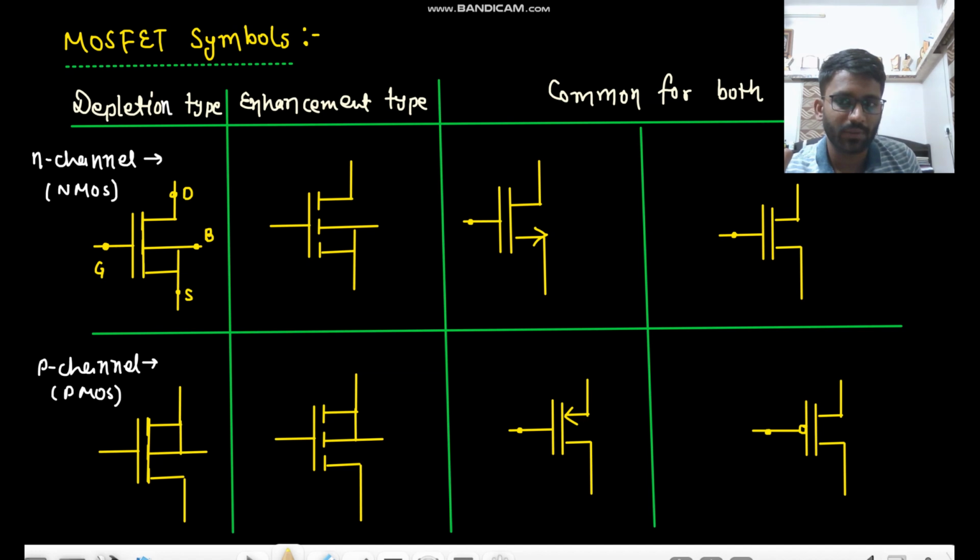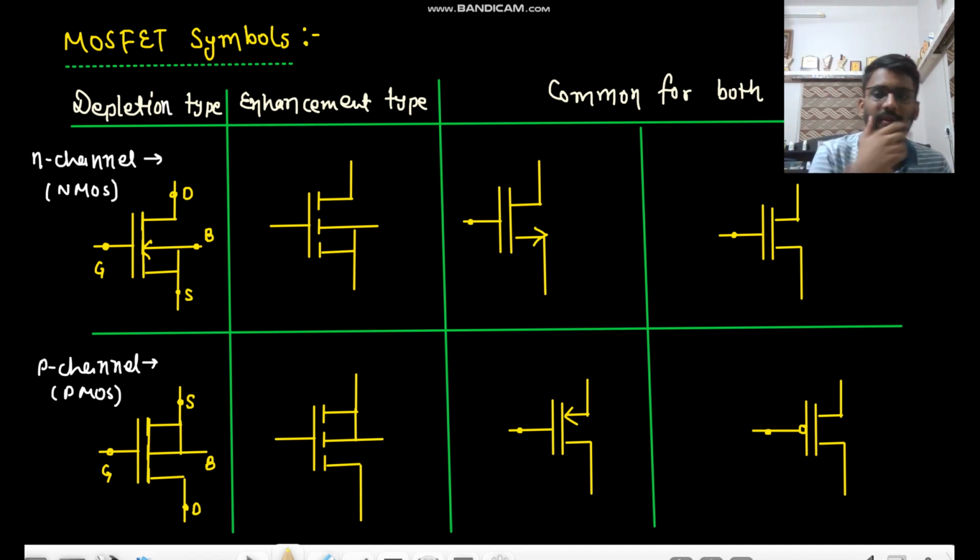Here the body is shorted with the source, and whichever terminal the body is shorted to is the source. This is the drain, this is the gate. And in P channel, what is the charge carrier? Holes. So for holes, we apply negative potential.